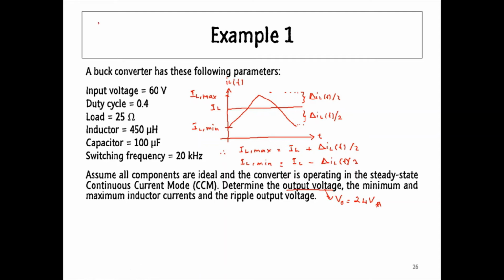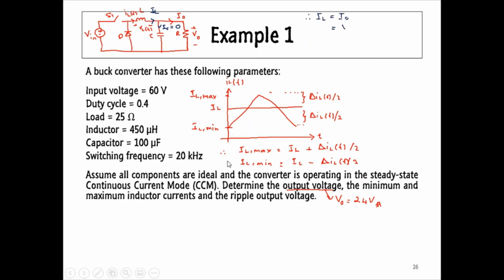Therefore, we need to refer to the converter circuit to obtain the equation of the average current. Since IC is equal to 0, thus we can calculate the current using Ohm's law.